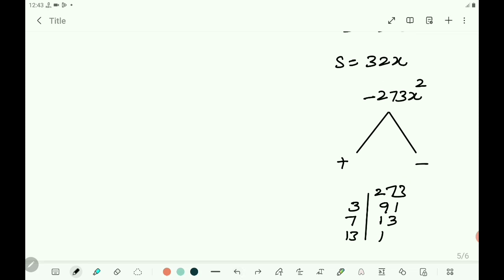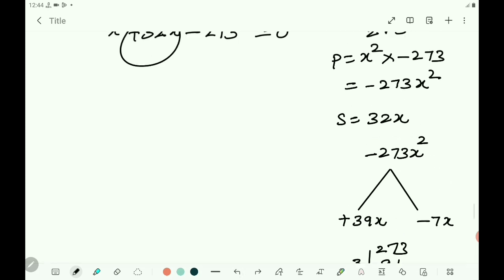So you can take 13 into 3, 39. 39 minus 7 is 32. Then you take 39x minus 7x. 39 into minus 7x is minus 273 x square, and 39x minus 7x is 32x.